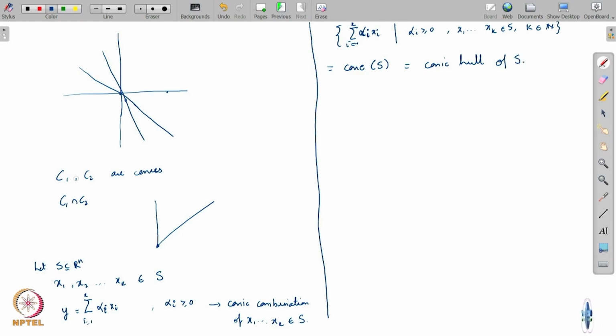Now, can you tell me how is this related to the smallest cone that contains S? It is not the intersection of all cones that contain S, and the reason for that is that this kind of conic hull is always a convex set.